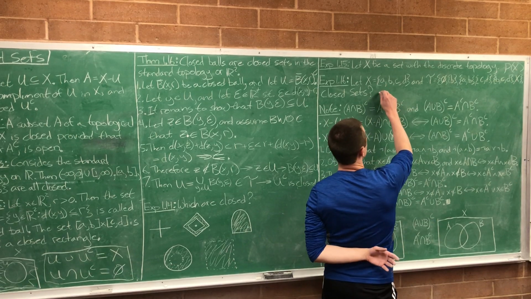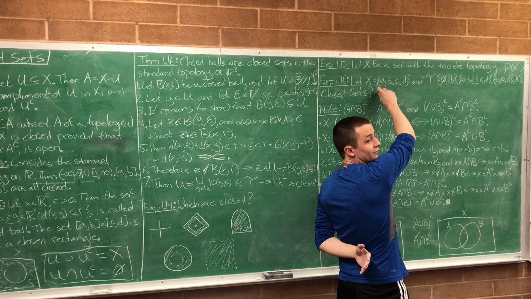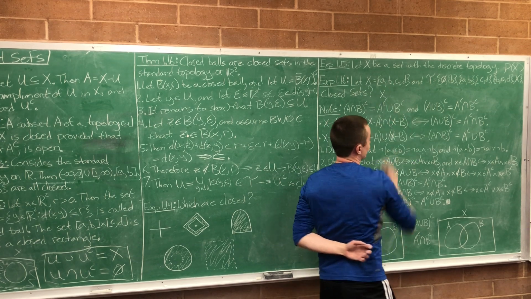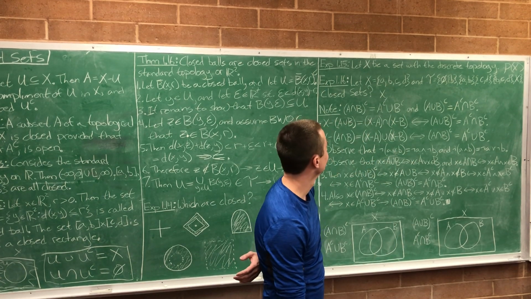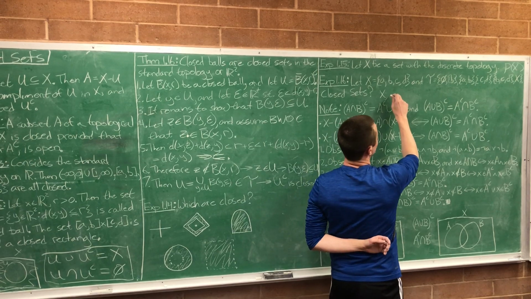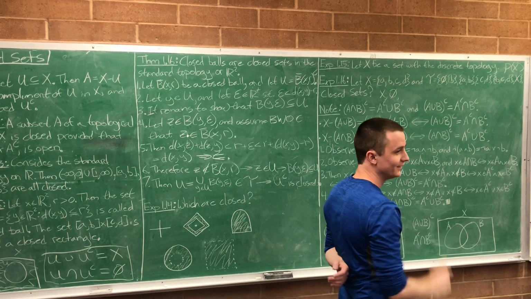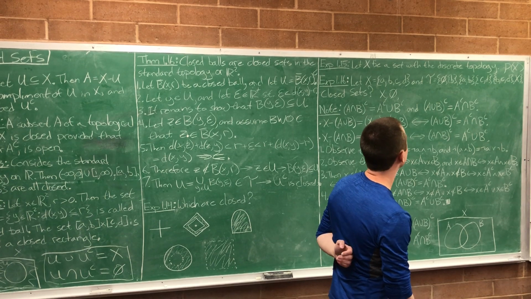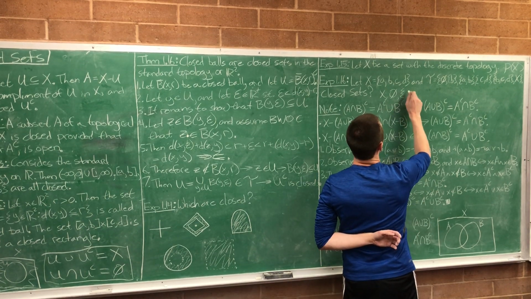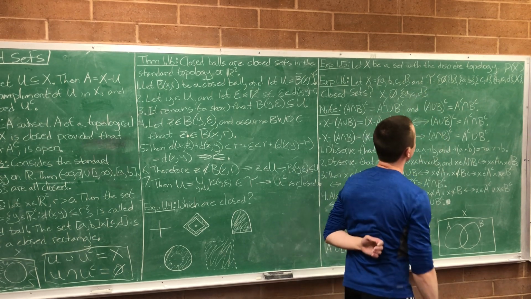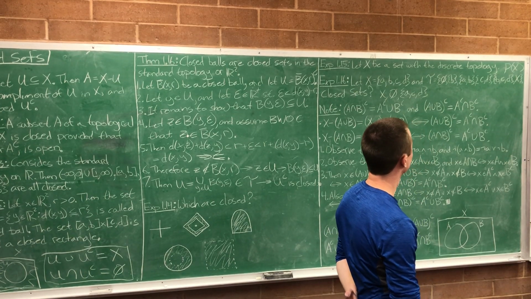What's the first closed set? X. That's the second one. What's the first one? Just kidding. X, yes, that is one. All right, what's another one? The empty set. Okay, we're doing these in a weird order now. What else? ACD. ACD, the set containing ACD. Okay.